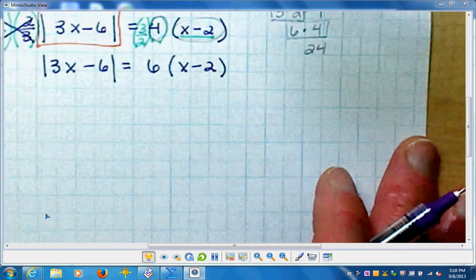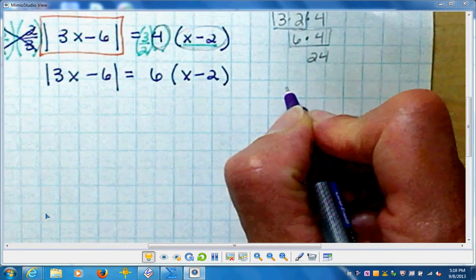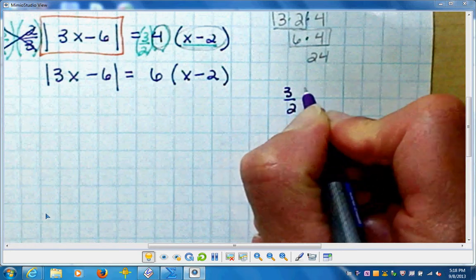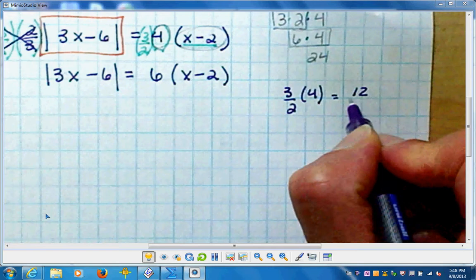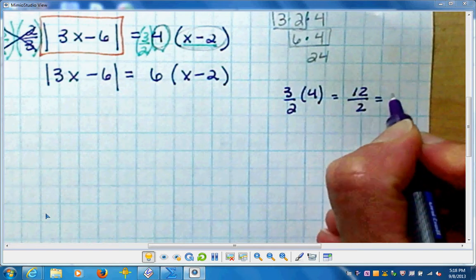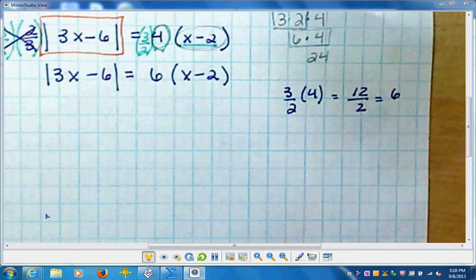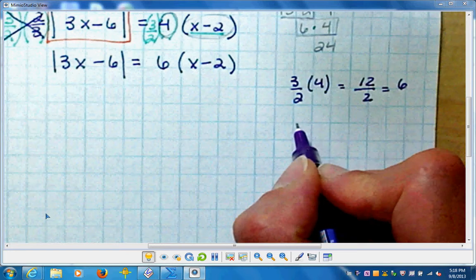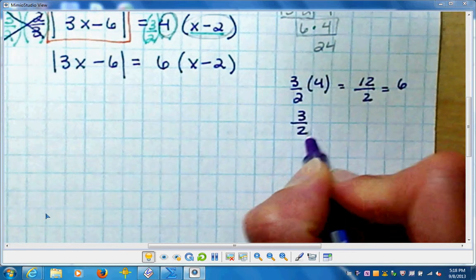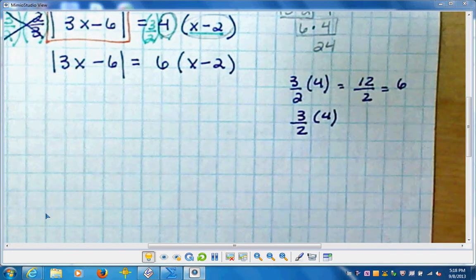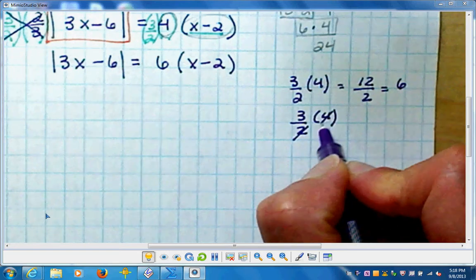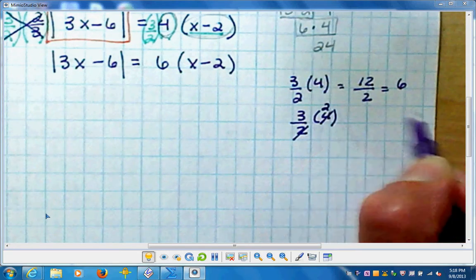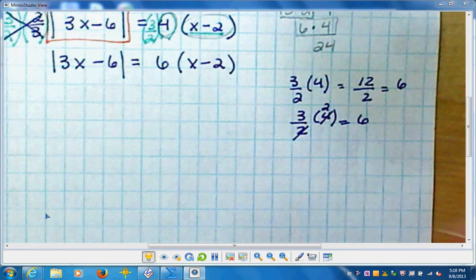Let me move this over to the side and let me go over that again. So if I have 3/2 times 4, you could say that's the same as 12 divided by 2, which is 6. The other way you could do it, I always say simplify before multiply. 2 goes into 2 once, 2 goes into 4 2 times, so that equals 6.